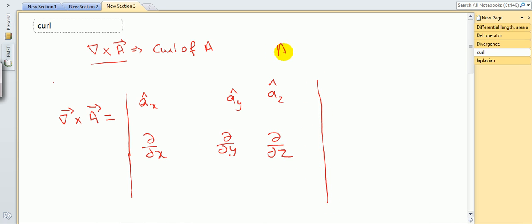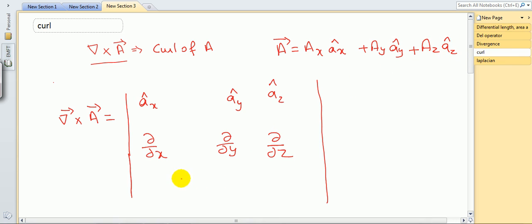Now if I consider a vector with components ax in ax cap plus ay in ay cap plus az in az cap, I will write here the ax component, here the ay component, and here the az component. This is the formula for curl of A in the rectangular coordinate system.